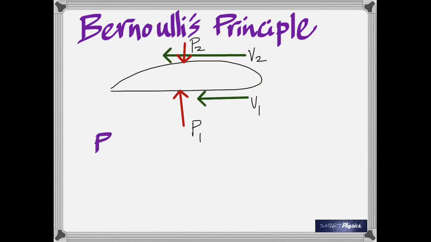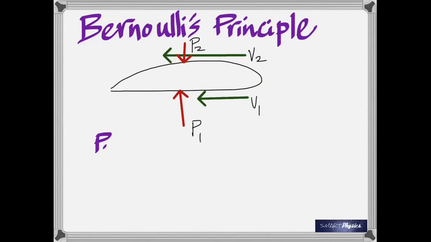Do you notice that since velocity 2 is higher than velocity 1, the pressure is smaller? Well, you should. That is Bernoulli's Principle. Where the velocity is higher, the pressure is smaller.